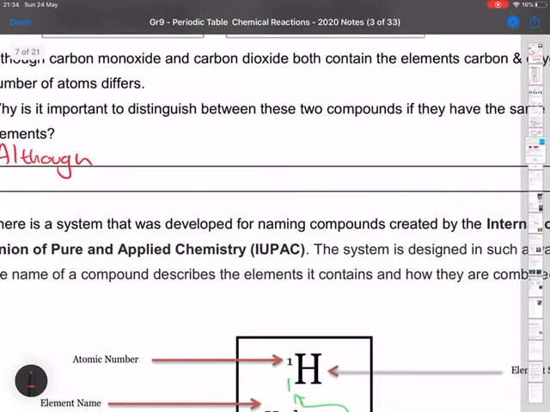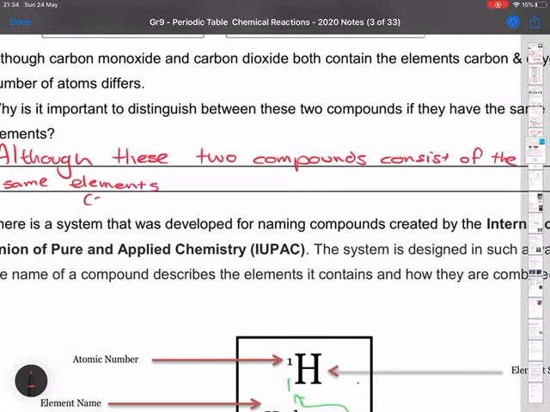So although these two compounds consist of the same type of elements, by the same type of elements, I mean carbon and oxygen. The important word is the ratio in which these elements are combined.